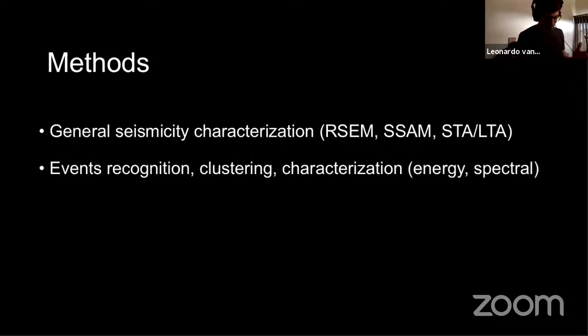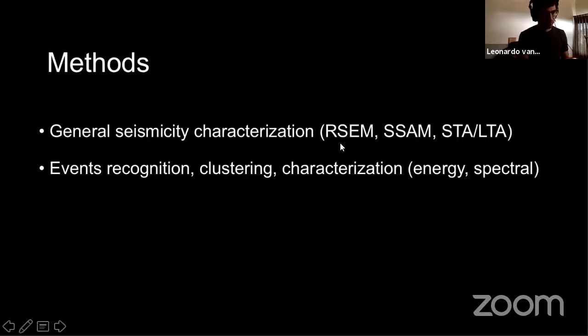So the methods that we applied were general seismicity characterization with continuous analysis of the signal amplitude and spectral amplitude, and also some triggers to detect discrete events. Then we do a more detailed analysis of the signal in those stages to recognize events, cluster them by cross correlation and characterize them.